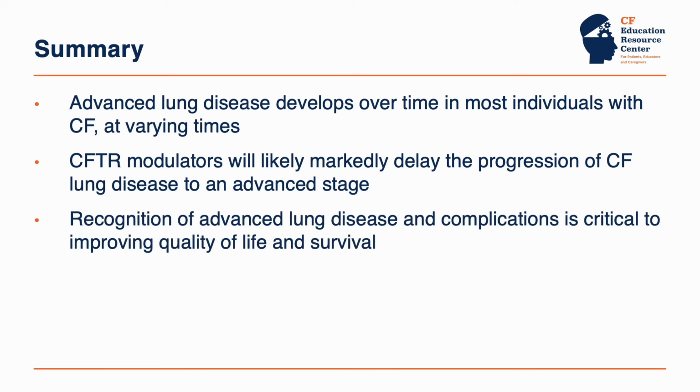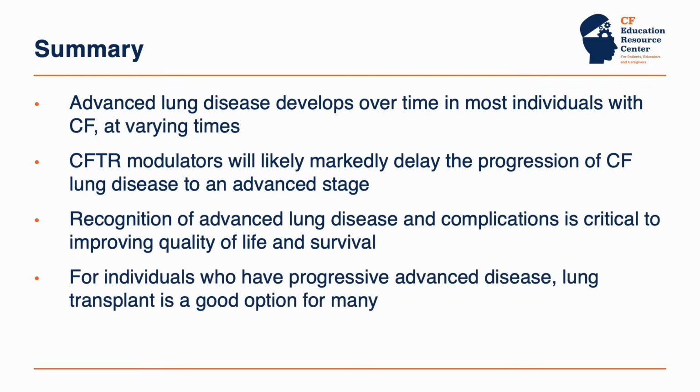Having said that, we need to recognize advanced lung disease and address its complications because that's critical to improving quality of life and prolonging survival. And lastly, for individuals who have progressive advanced lung disease despite medical therapies, lung transplant is a good option for many.